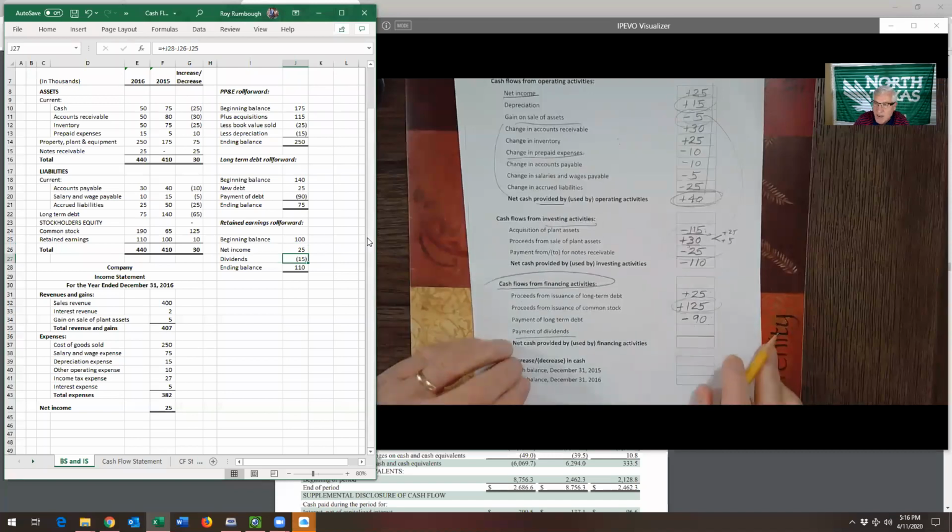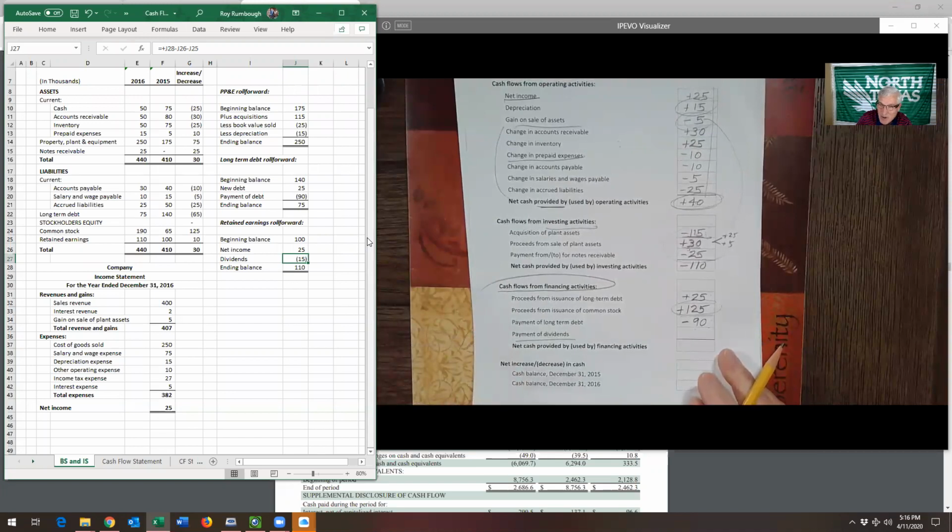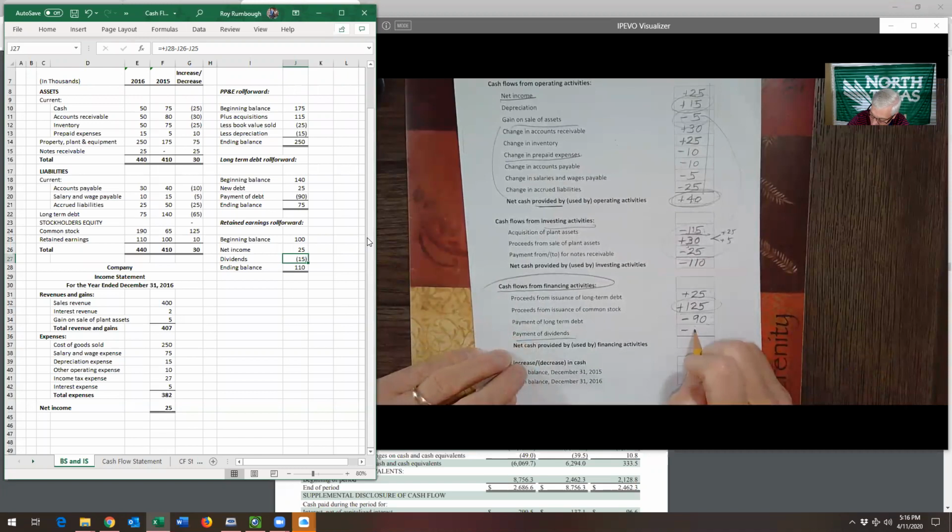That was a reduction in retained earnings. Remember, right from the very last chapter, you're going to be tested on debit retained earnings, credit dividend payable, and then debit dividend payable, credit cash. So this will be a payment of dividends, minus 15.